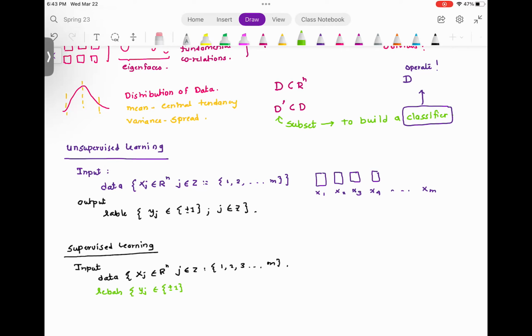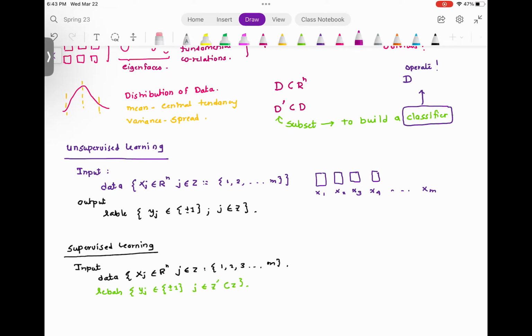So I'm doing sort of a binary classification, whether it's plus 1 or it's minus 1. Now here, my j is in the set J prime, which is part of the whole J. So what that means is I have labels, but all the data may or may not be labeled.